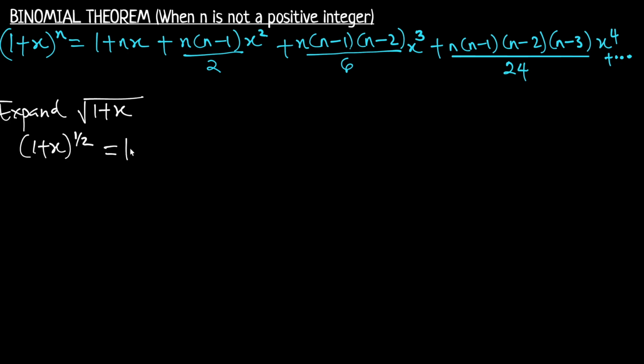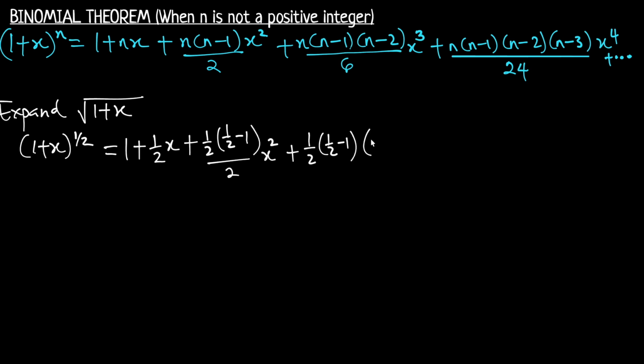So we're going to have 1 plus nx, that is going to be half x, plus n times n minus 1, which is going to be half times half minus 1 divided by 2. Then we have x to the power of 2 plus n minus 1, n minus 2, which is going to be half minus 1, half minus 2, this divided by 6.